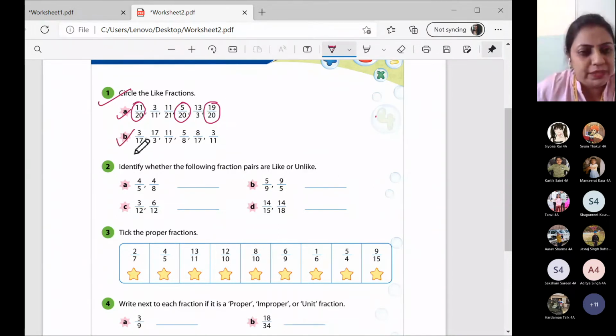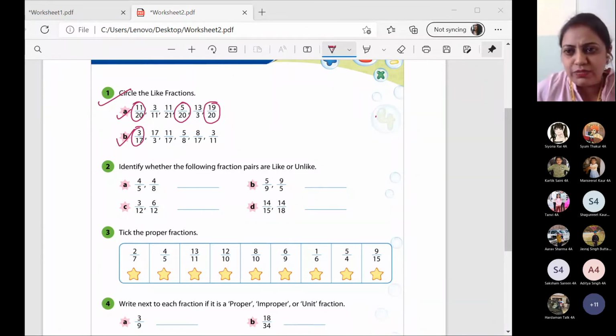Now Gurmukh will tell. Tell me like fractions in 3 by 17, 3 by 11, 5 by 8, 8 by 17, 11 by 17, 17 by 3. I just want to know the like fractions.